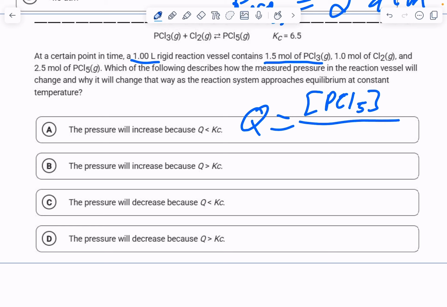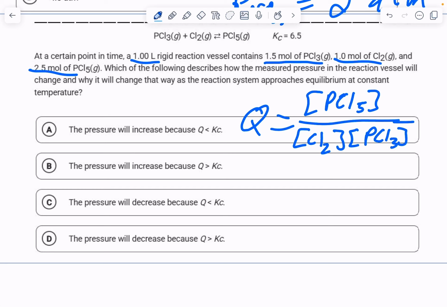That makes it really easy because then I can say that the PCl5 concentration is 2.5, the Cl2 concentration is 1, and the PCl3 concentration is 1.5. That's because concentration is moles over liters, and since the liter is 1, you're just dividing by 1, so that makes it really nice. I'll go back to finishing my Q. It'll be Cl2 times PCl3's concentration.